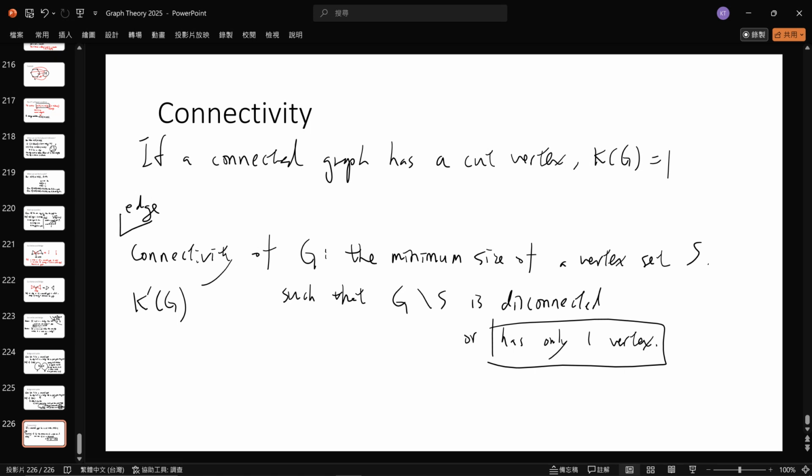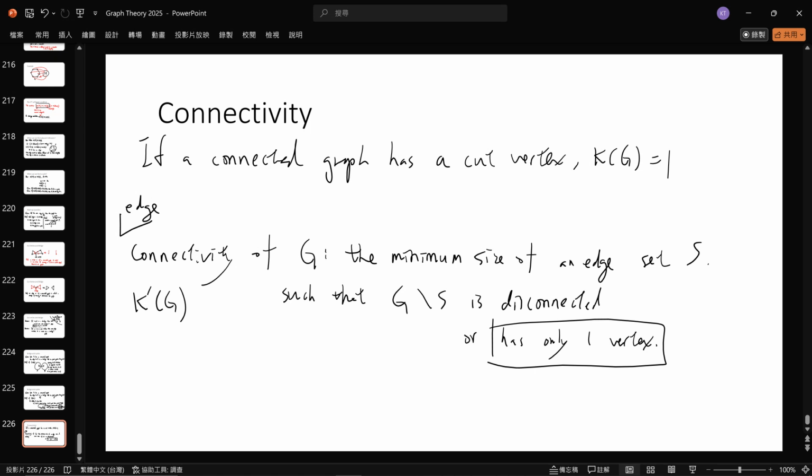Whenever you see a prime, it may be related to edges.